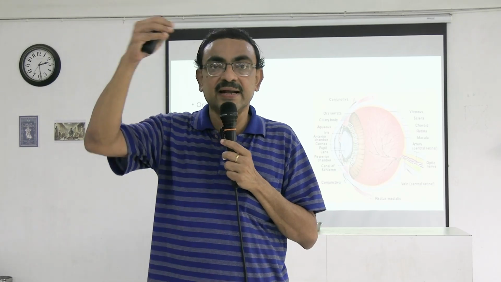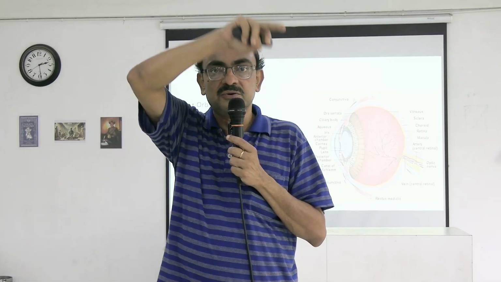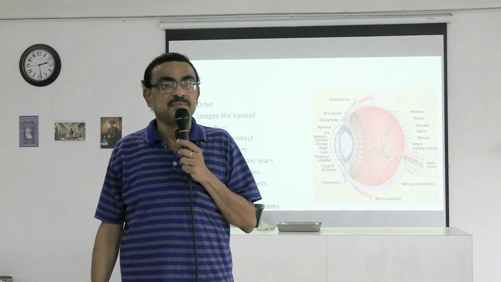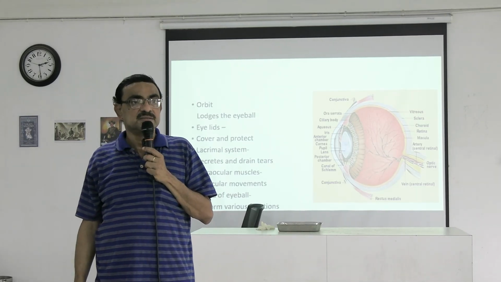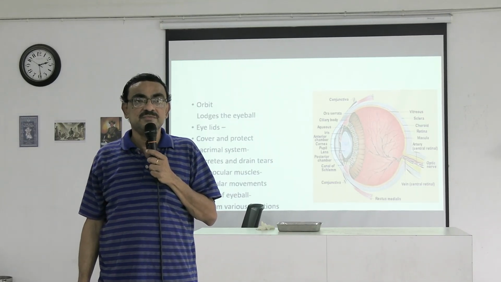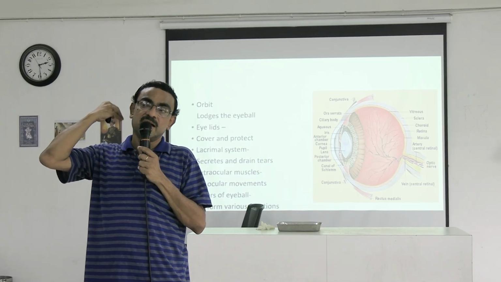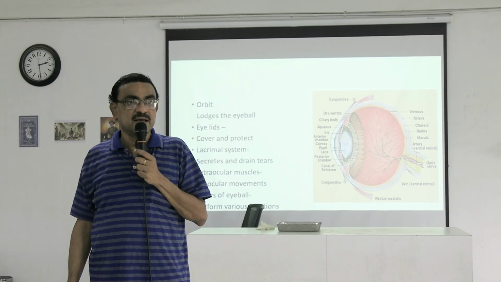But all these recti muscles are inserted anterior to the equatorial region of the eye, except the oblique muscles. That means the superior and inferior oblique are inserted behind the equator.